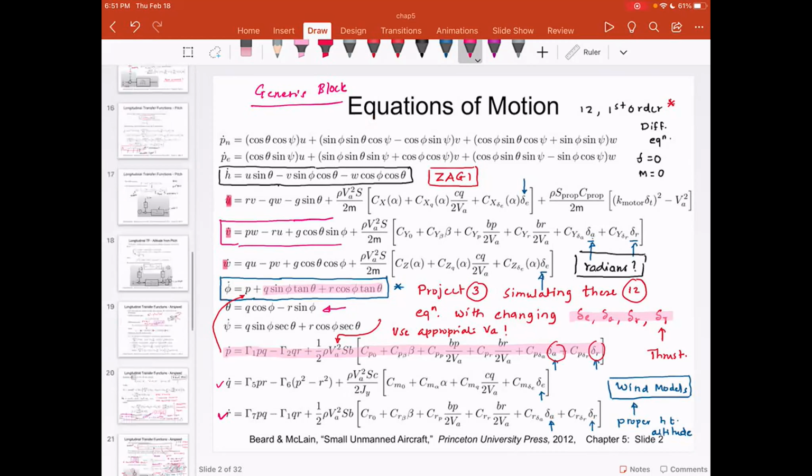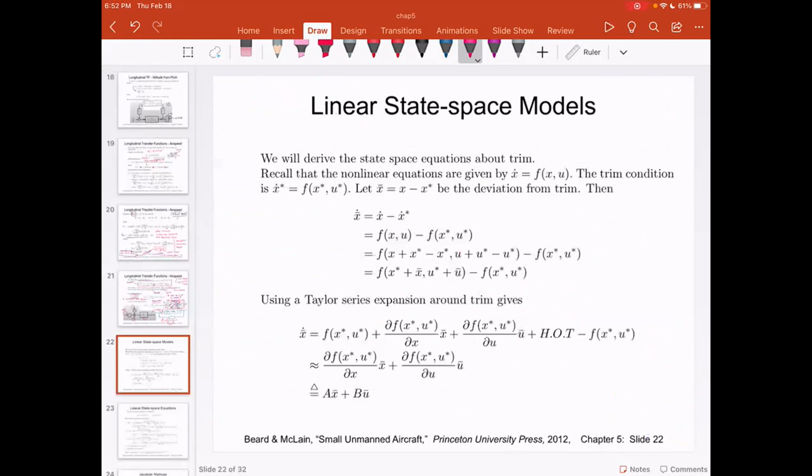Linearization means all these complicated equations, which are written something like this, I'm going to say f of x comma u is equal to x dot. This equation can be approximated as x dot is equal to Ax plus Bu, where A is a 12 by 12 matrix.